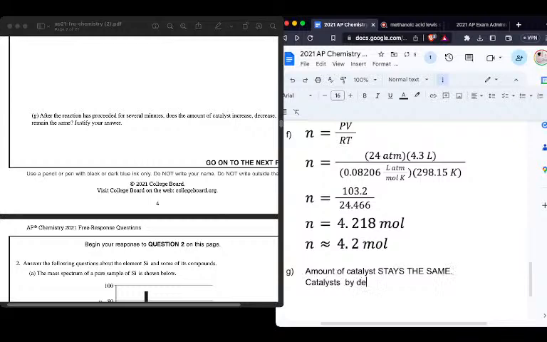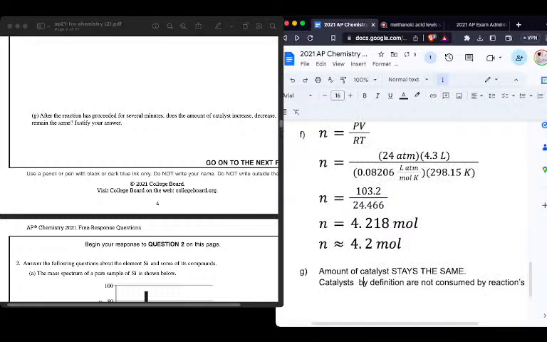Catalysts, by definition, are not consumed by reaction's end. Catalysts are temporarily used up. Something will react with the catalyst, and then that thing will react to give you back the catalyst and your new product.